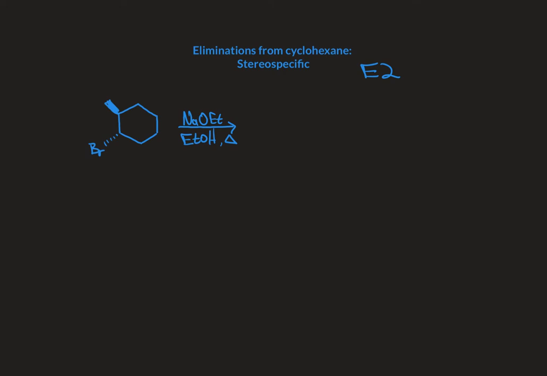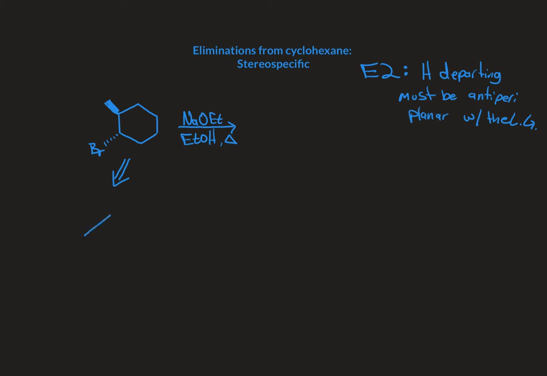Cyclohexanes are special. Remember that in E2 reactions, the hydrogen departing must be anti-periplanar with the leaving group. So in this case, my leaving group is bromine. In order to see anti-periplanar hydrogens, I really need to redraw this molecule in its chair conformations.